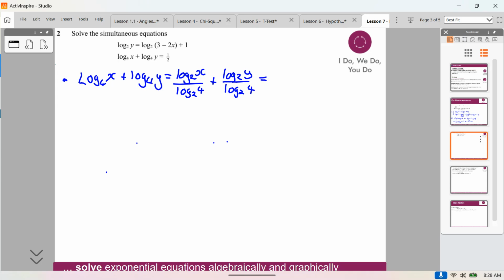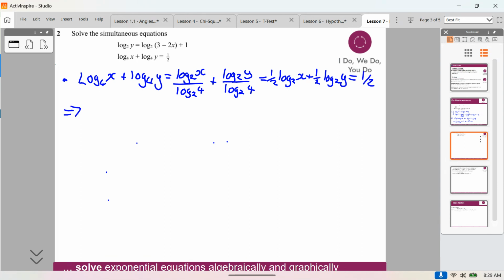Now log 2 of 4 is equal to 2, isn't it? So that is a half log 2 of x plus a half log 2 of y, which is equal to a half.